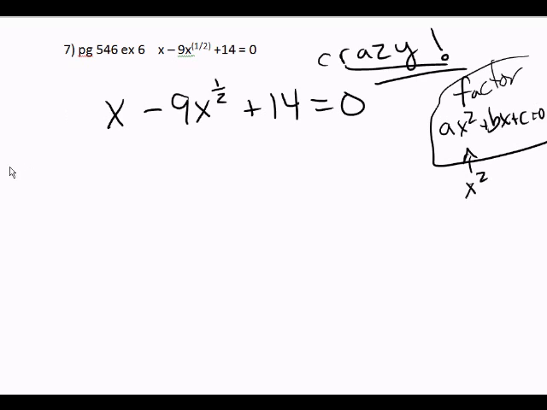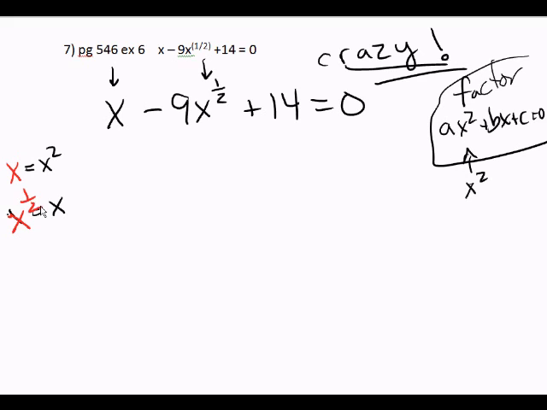Watch what I do. This is going to be really strange. I'm going to say x equals x squared, and then whatever's in this first spot, that's going to be what x squared is. Whatever's in the second spot, that's what x is going to equal.